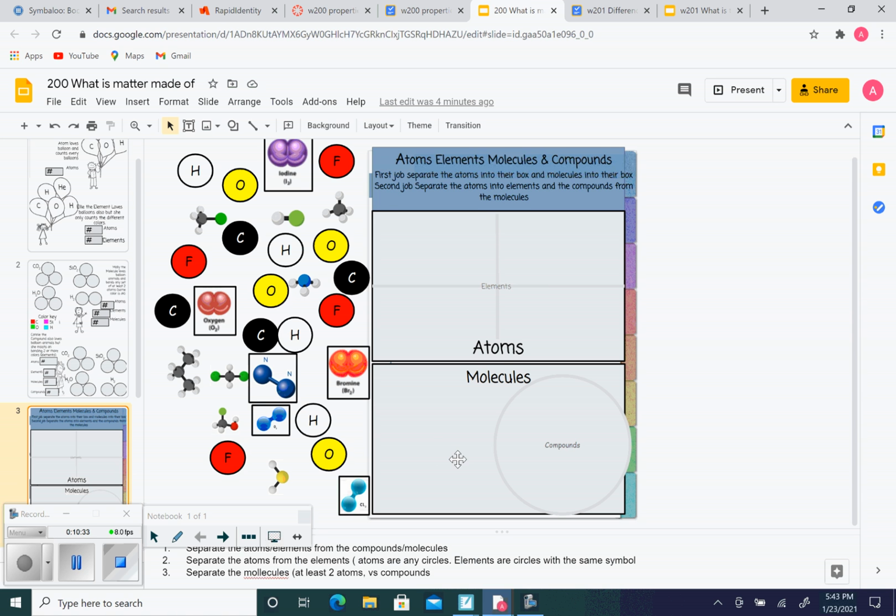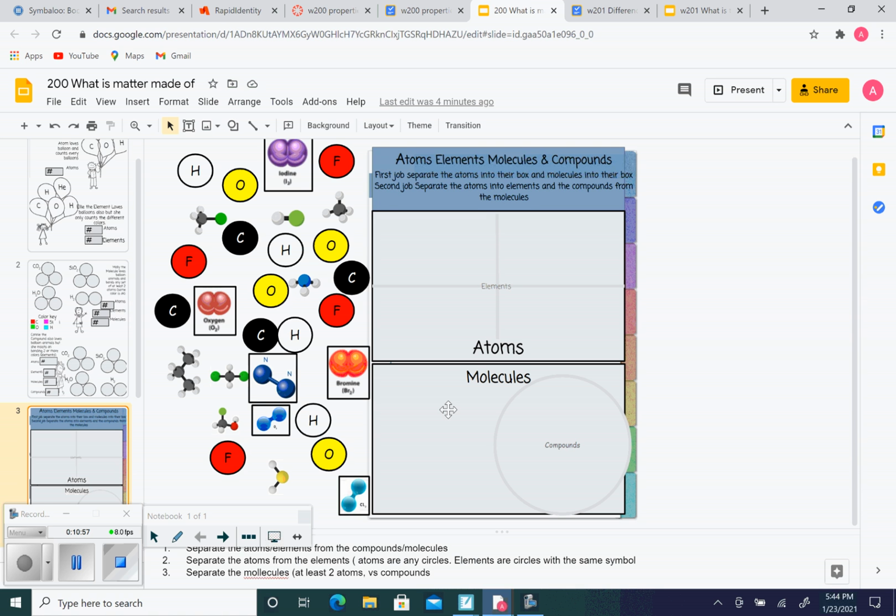All right. Molecules are atoms that are combined. Anything that has 2 or more atoms is a molecule. They can be joined like this, where they're just smushed together, or they can be joined like a stick.